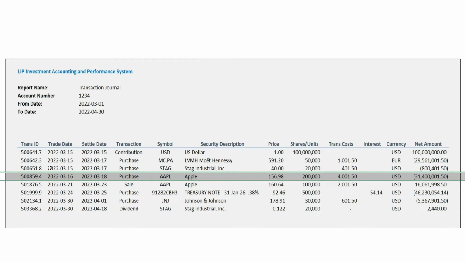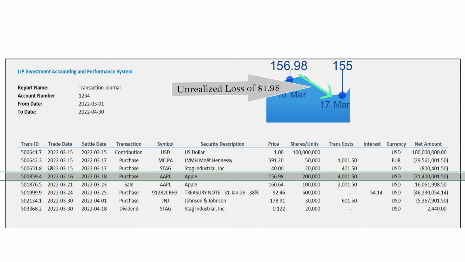So what you see here is that the portfolio manager bought the stock at $156.98 on the 16th. So if the stock went down to $155 on the 17th, would the client experience a gain or a loss? It went from $156.98 to $155. That's right, they would see an unrealized loss.